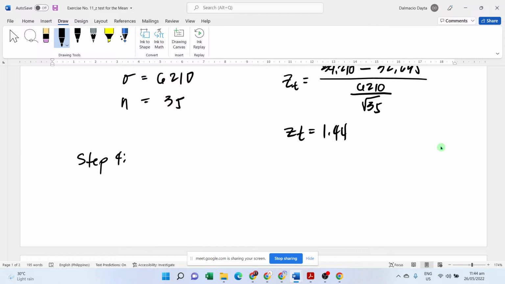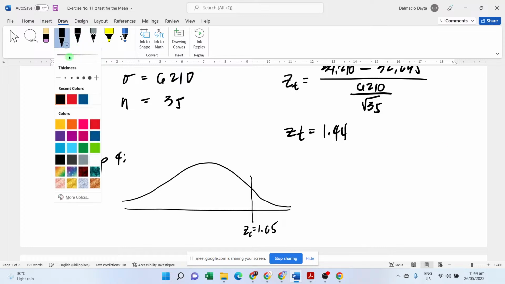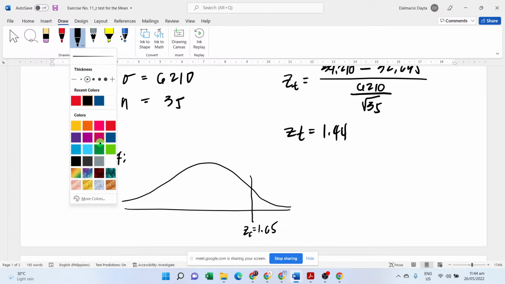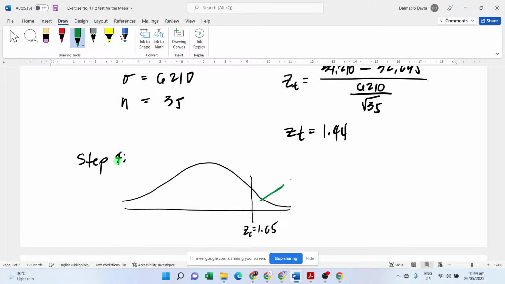Give the decision. Paano tayo nagde-decide ulit? Tignan natin. Ito yung curve. Andito yung ating pagbabasihan. Z critical is 1.65. Now, after computing the z-test, pero bago yan, ulitin nga natin, ito yung ating critical region. Ito naman yung ating non-critical region. If it falls on the critical region, reject the null hypothesis.